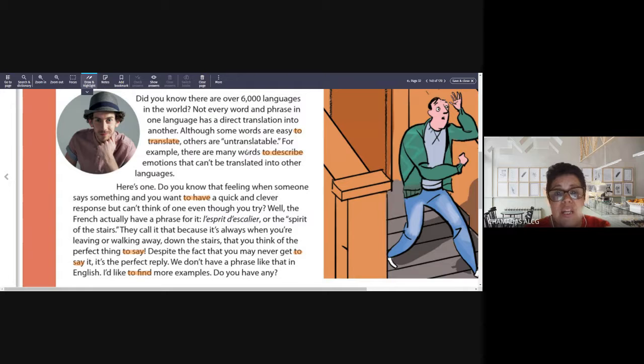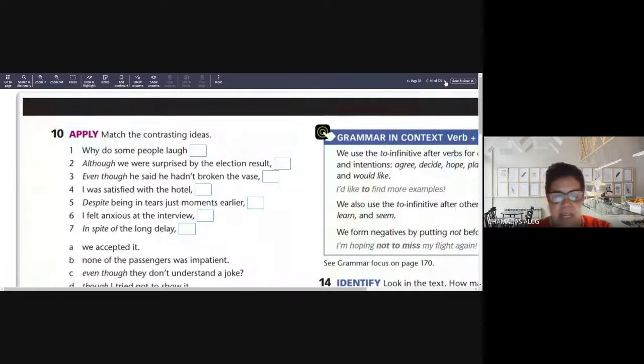So after nouns to express purpose. We use infinitives after some verbs, like for example, want, get, and would like, okay? That's the idea. Let's move back to the page again.